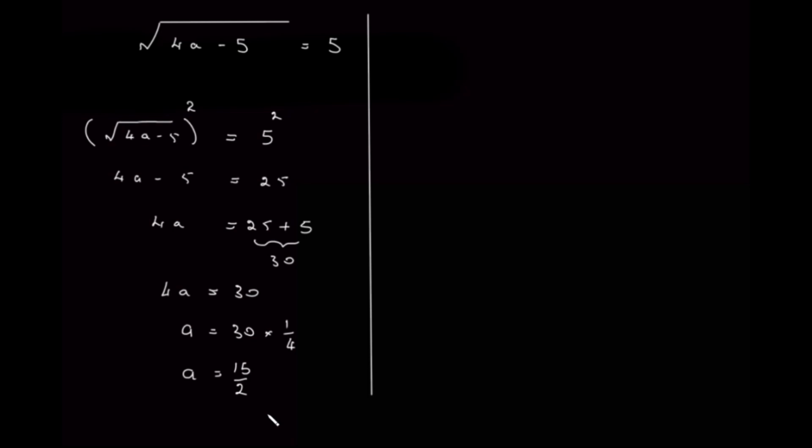Okay, let's substitute that back in and see if it works. We have, now I'm going to put the bracket, 4 times the new value of a, which we reckon is 15 over 2, close bracket, minus the 5, and we want the square root of the whole thing, and that equals, hopefully, 5. Alright, let's work this out.